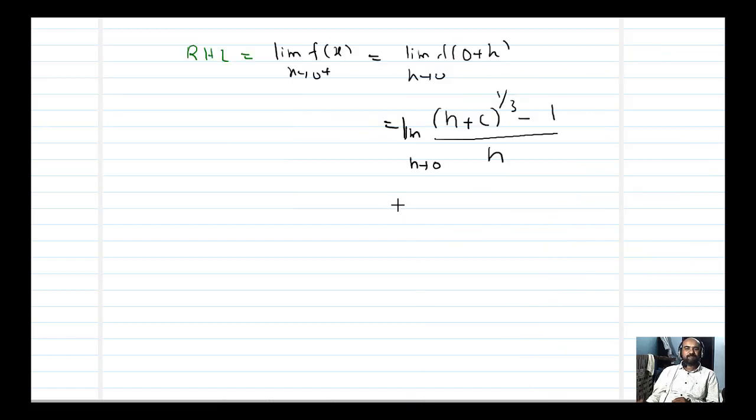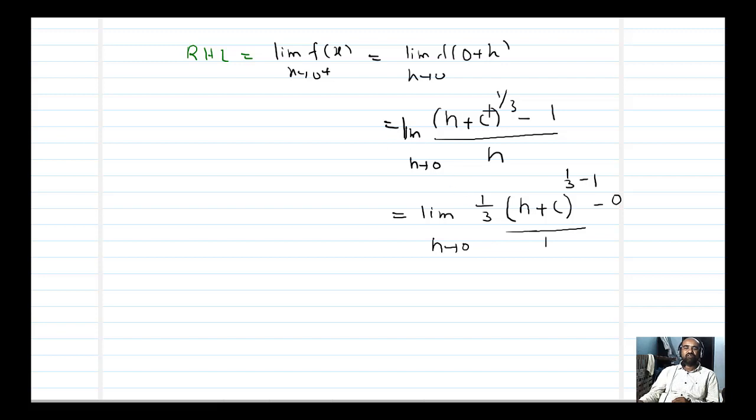So, this is limiting value of 1 by 3 into h plus c whole power 1 by 3 minus 1 minus 0 by 1, h is tending to 0. Here you need to find the limiting value. Now by using any method you can find the limiting value.